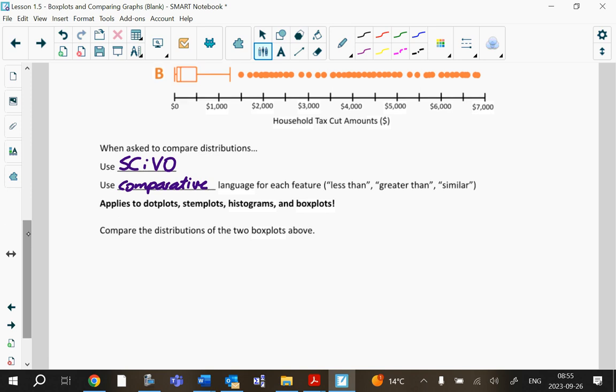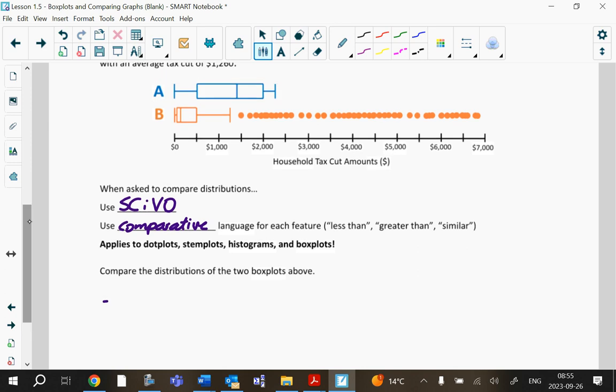You guys have already done some of this with dot plots, stem plots, and histograms. So we want to compare the 2 distributions, Plan A and Plan B. Let's talk about the shape. How would you compare the shape of the two? First of all, you can't say one is greater than the other or one is less than the other. You could say that they're similar or they're different.